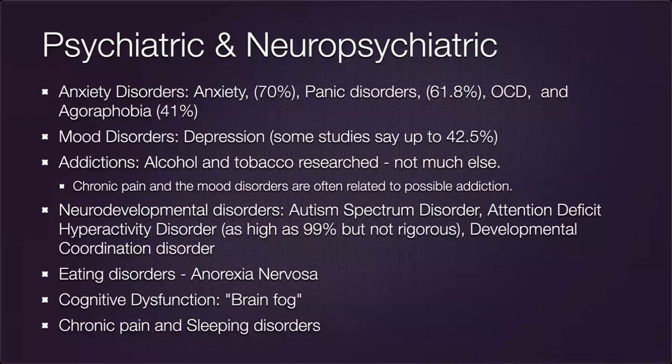But the neurodevelopmental disorders is where I think the real research needs to happen. Depending on the study, there are people saying they definitely see some more increase in autism spectrum disorders, attention deficit and hyperactivity disorder.